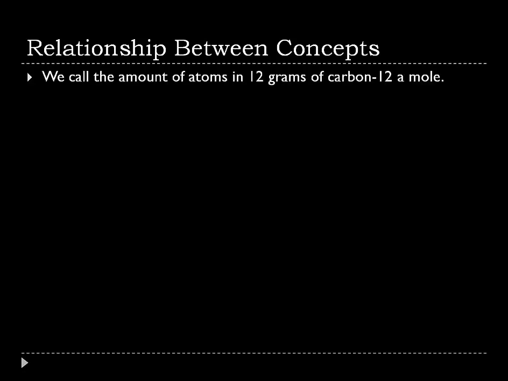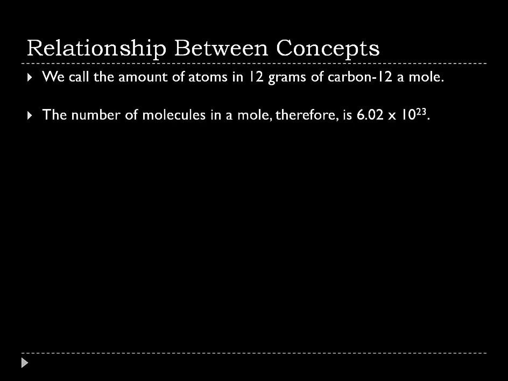So we'll have a look at a couple of statements that we can make now using these concepts. We call the amount of atoms in 12 grams of carbon-12 a mole. The number of molecules or atoms in a mole, therefore, is 6.02 times 10 to the 23.